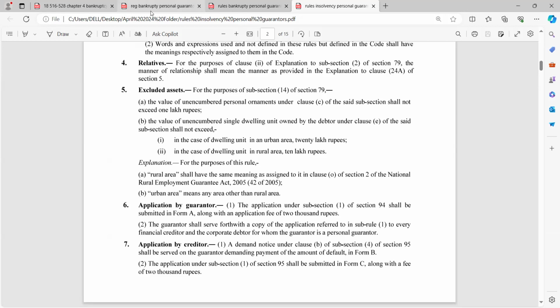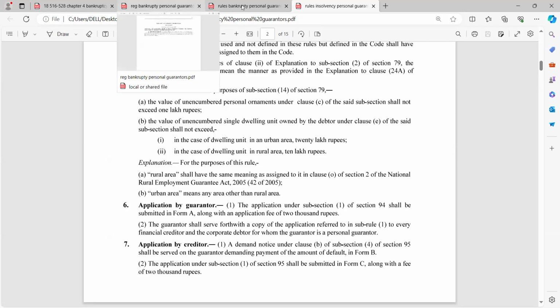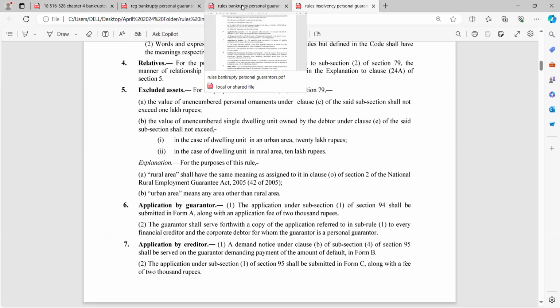That too, this will be filed only by the personal guarantor to the corporate debtor. This application will be filed by the personal guarantor of the corporate debtor in the first instance. Then the moment it comes into insolvency, public notice will be given, claims will be received, and then they will finalize the list of creditors. But claims are received during insolvency also.